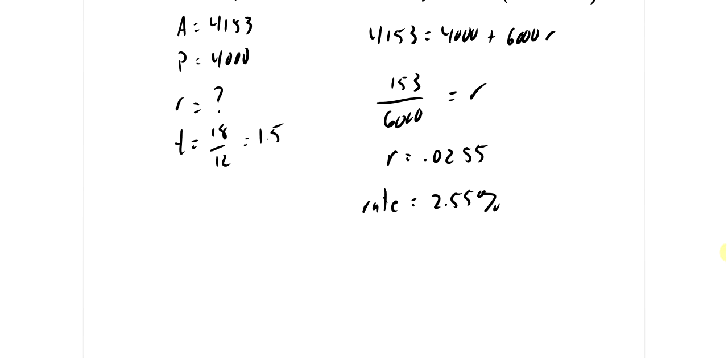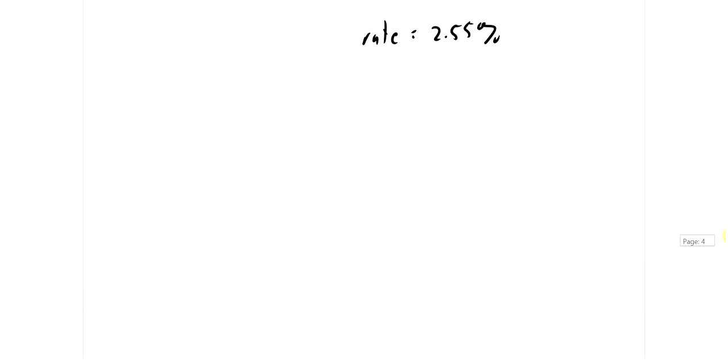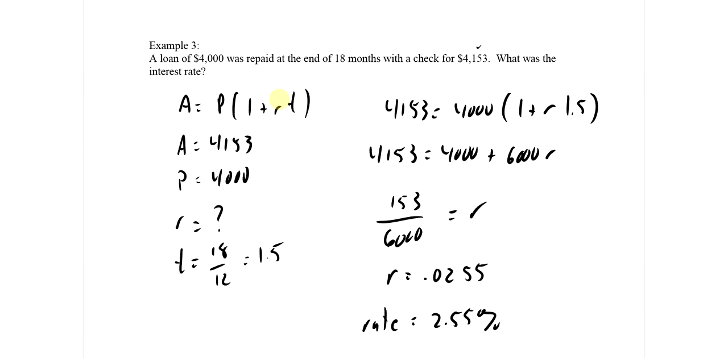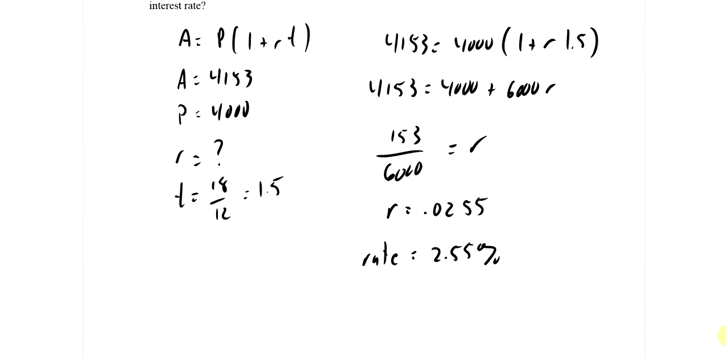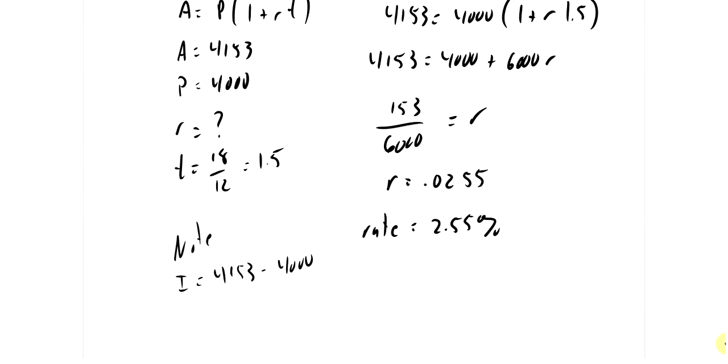Okay, so these are also pretty straightforward word problems, because again, here's an equation, we give you 3 out of the 4 numbers, find the fourth one. Oh, you can also do this one, incidentally. Note, the interest is 4153 minus 4,000, so our interest is 153.